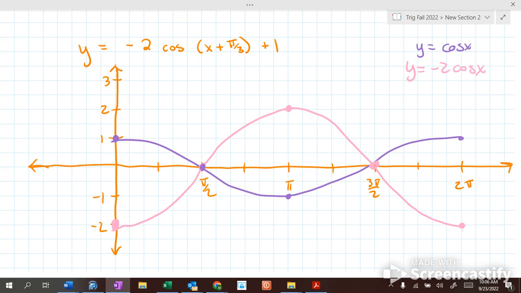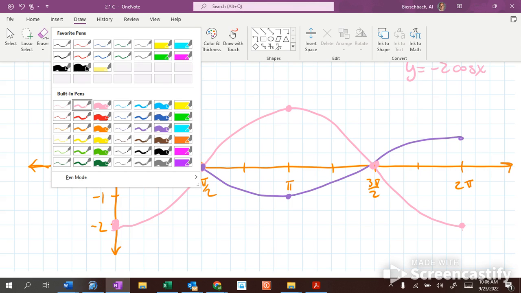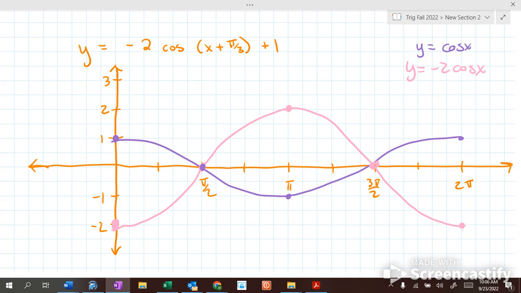All right. Let's see what other wild color we got here. Let's go with this bright green color. Y equals -2 cosine of x plus pi over 3. Plus pi over 3 moves the pink graph where?